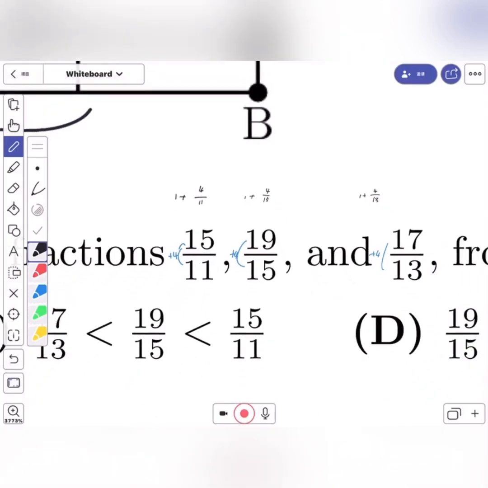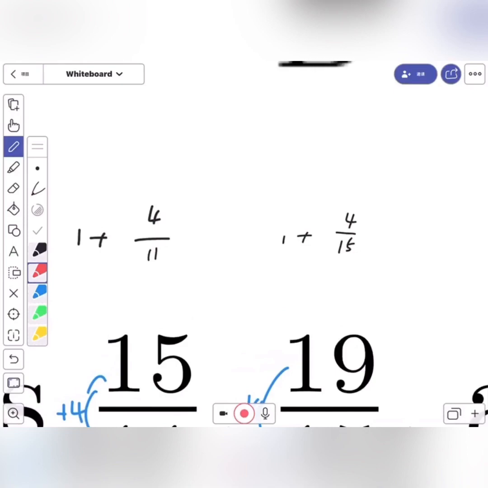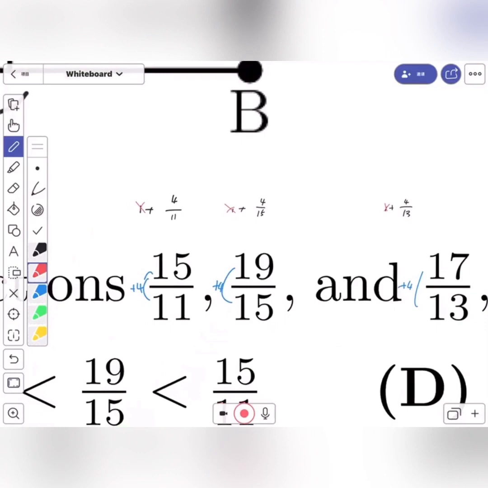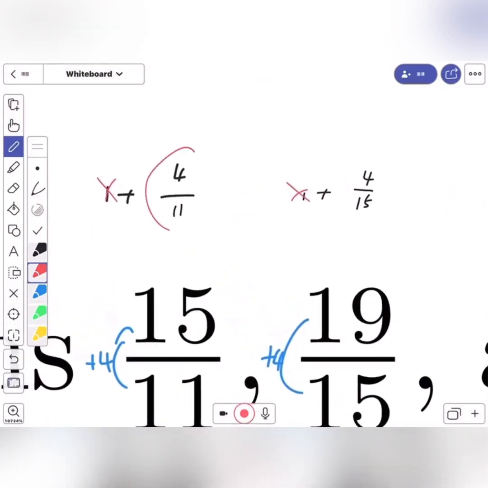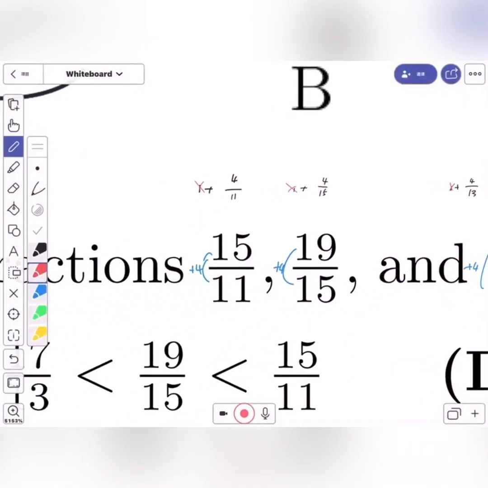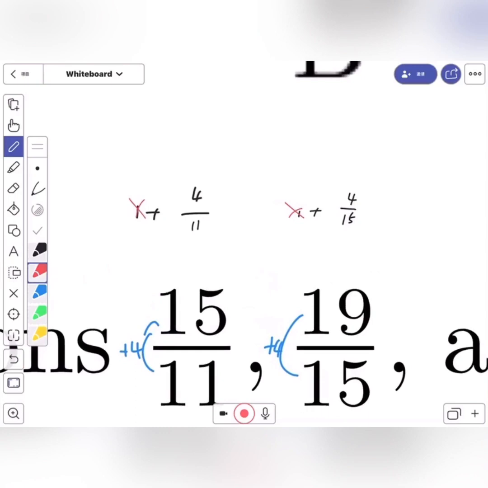Now we can also see another pattern, which is that we can just discard all of these ones, right? Since these will not contribute to the sorting order of these 3 fractions, and we just want to see the largest of these fractions. Now we can also notice that, clearly, a fraction is inversely proportional to its denominator, right?